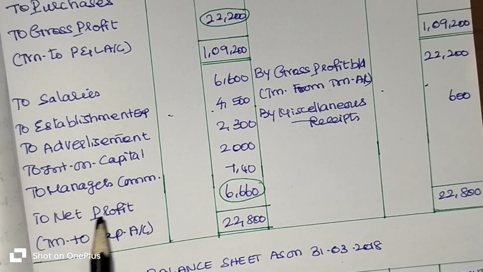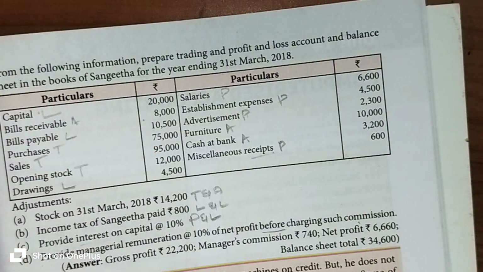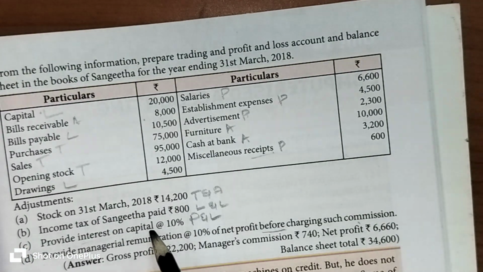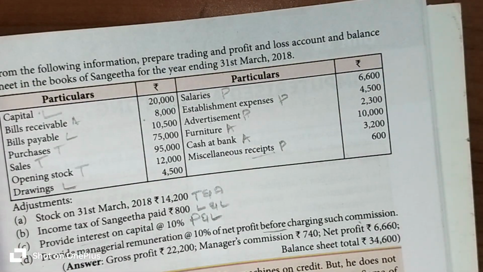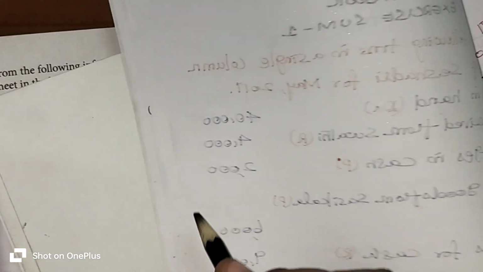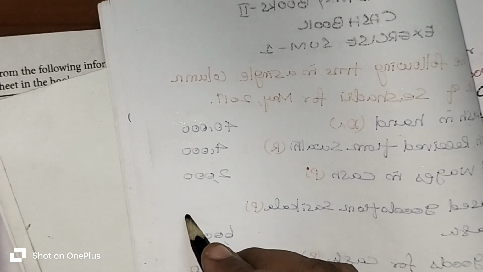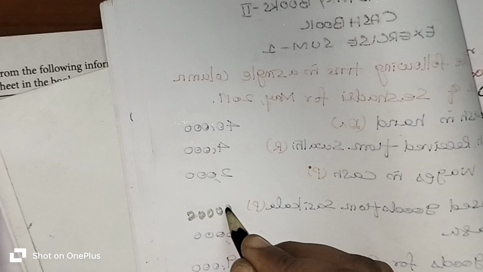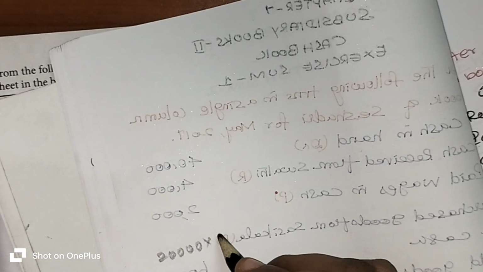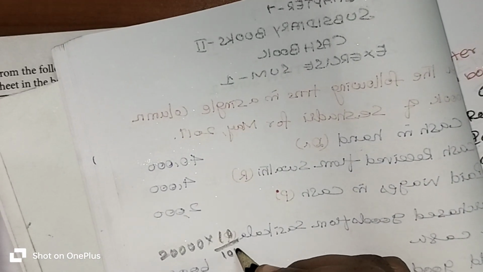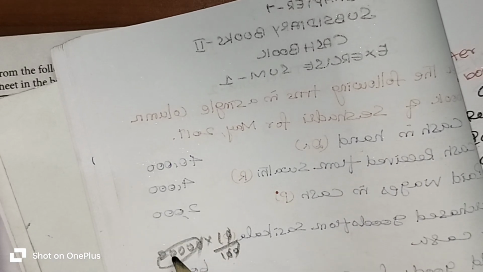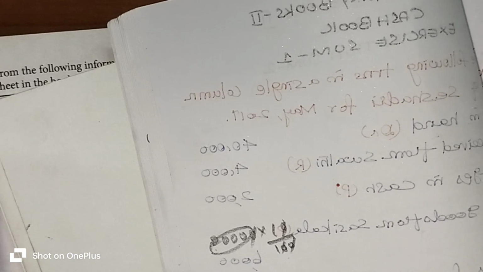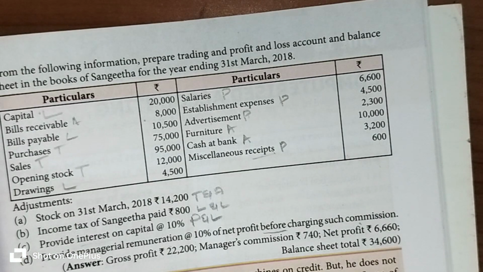Then interest on capital, listen here. How much is capital? 20,000. For 20,000 we take 10% interest. So 10% means 2,000 rupees interest on capital for providing capital.